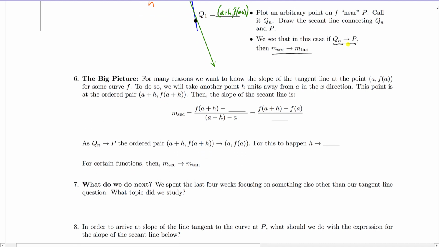Okay. So the big picture for this, I'm going to go ahead and let you copy this. These were in your 2.1 notes. So go ahead and fill in number 6 from your 2.1 notes.